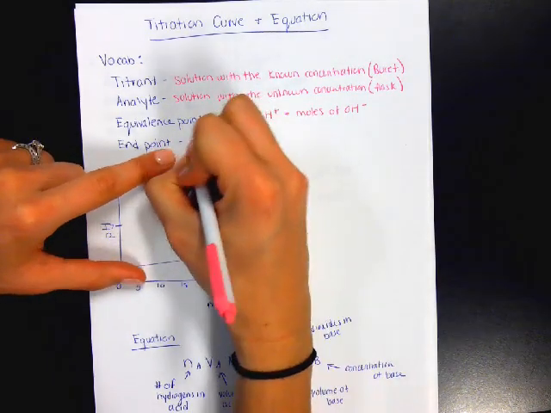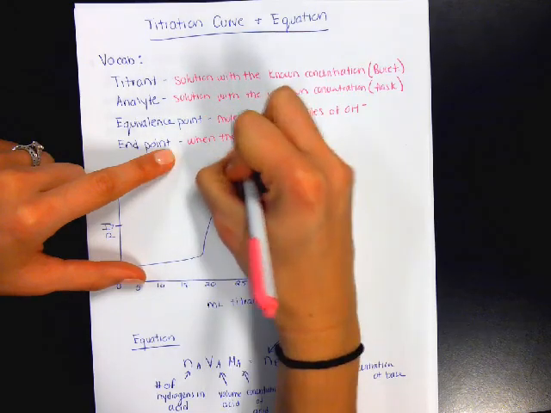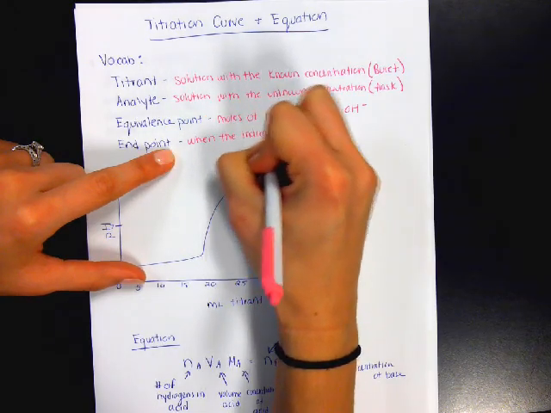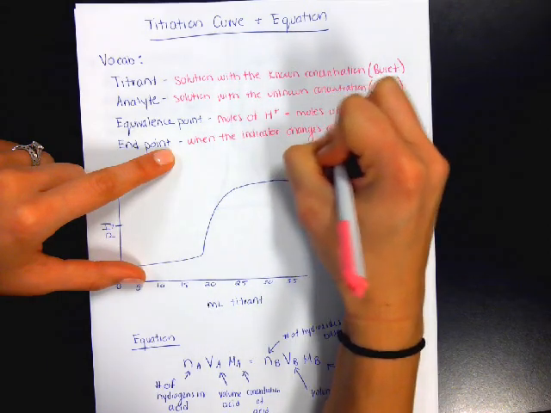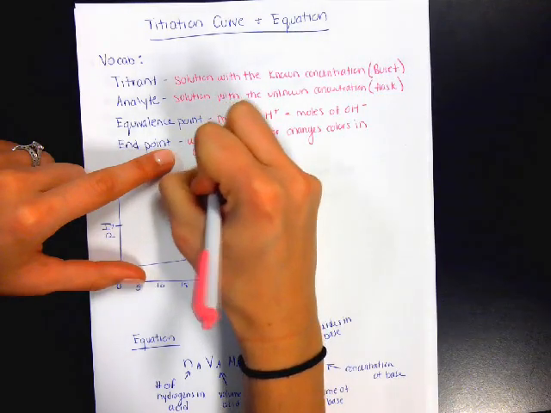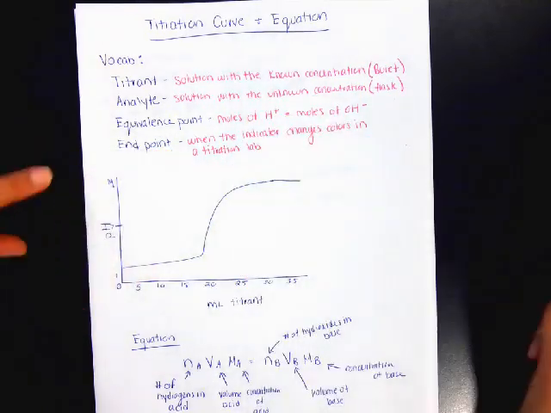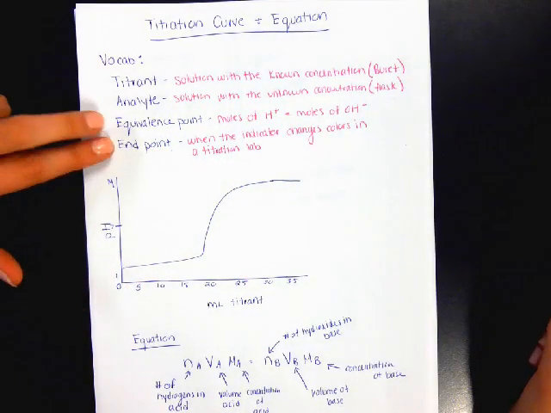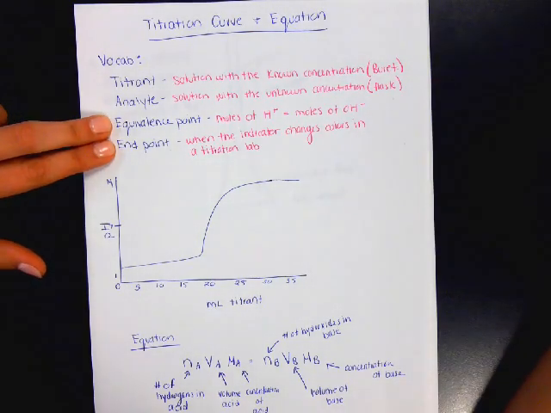So the endpoint is when the indicator changes colors in a titration lab. And if you pick a good indicator, well then your endpoint and equivalence point are about the same, and so you know you've reached the end of your titration.